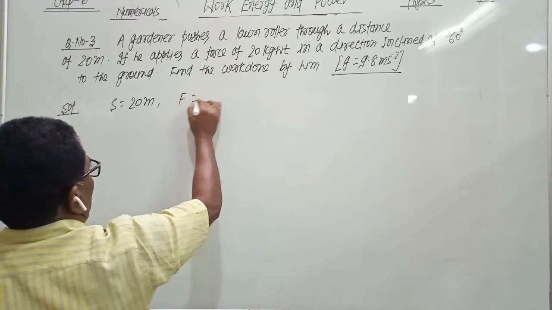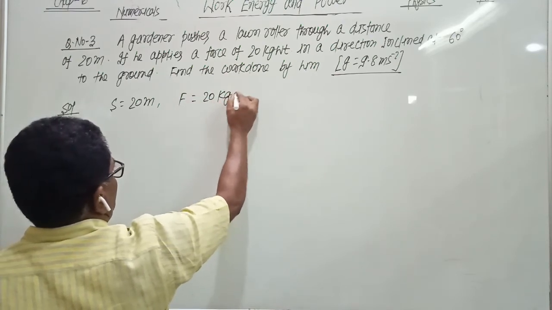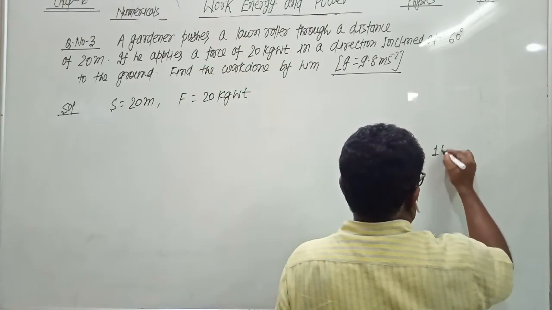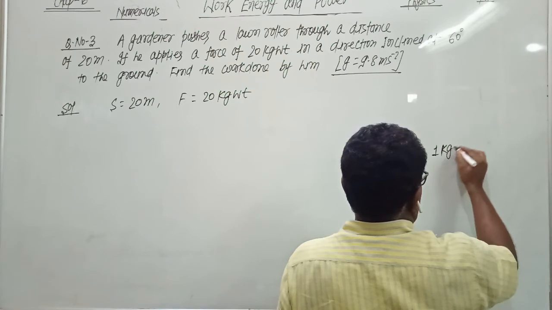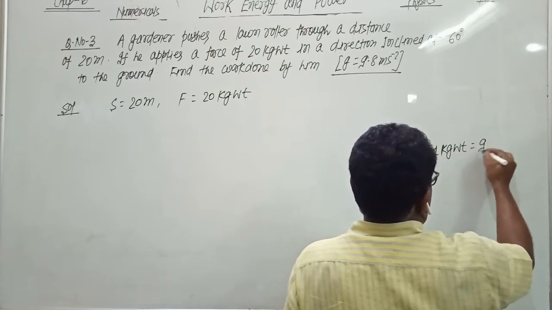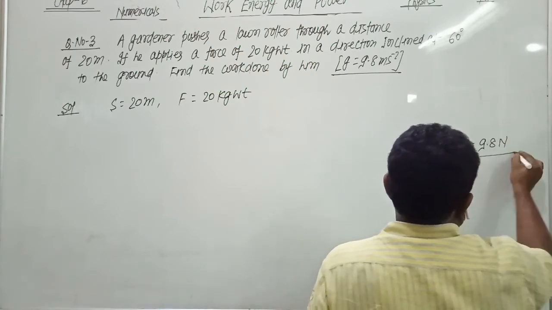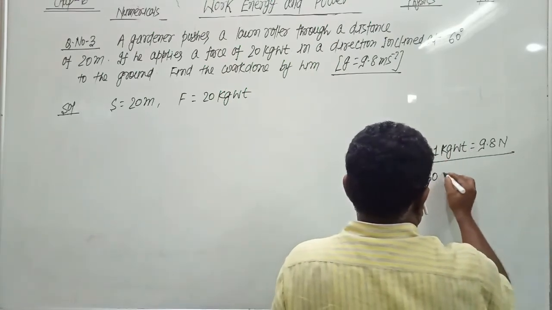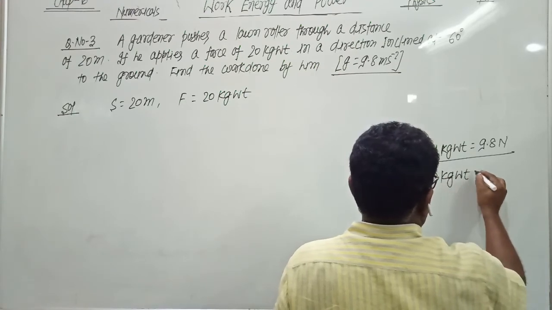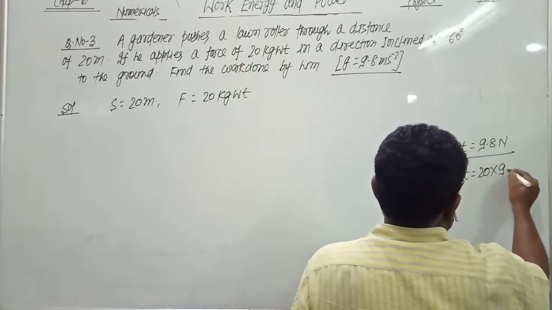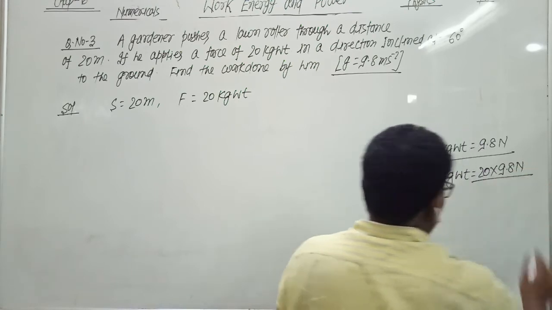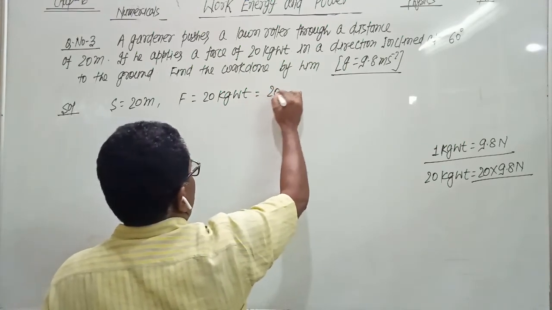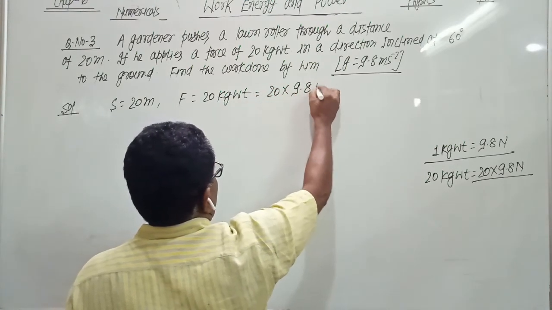F equals 20 kg weight, and 1 kg weight is equal to 9.8 Newton. So 20 kg weight is equal to 20 into 9.8 Newton. So we convert the kg weight into Newton.